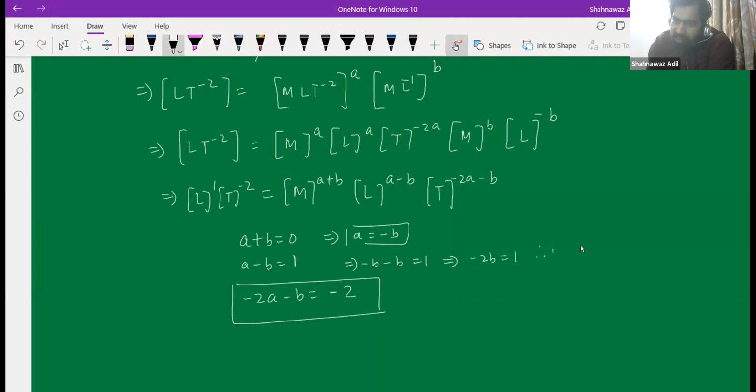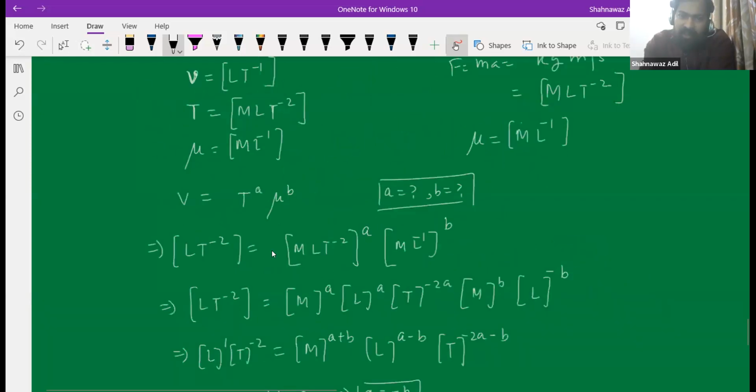So B is minus half. Then A would be minus of minus half, so A is half. Clear? Then we don't need the third relation, because we already got A and B.